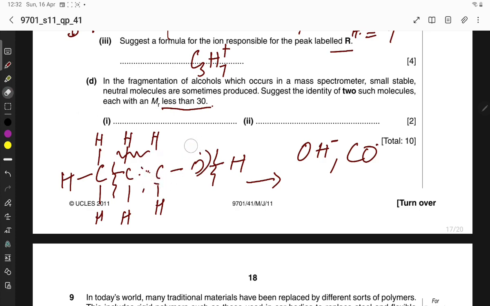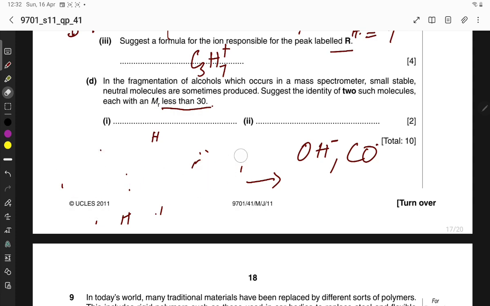Water can be there. So there are different possibilities.